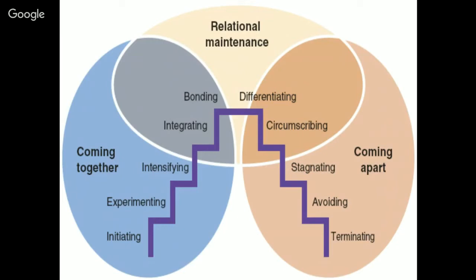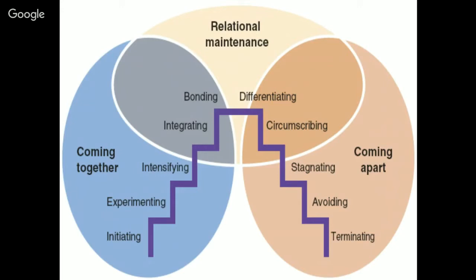There's no engagement, at least not in America, but you can be Facebook official. So there are ways to have that strong commitment, that deep commitment to the other person, and have it be a social thing, depending on what age group you're at. But when you're an adult, bonding really is taking it to the next level. All right, so now to the other side, the coming apart side.